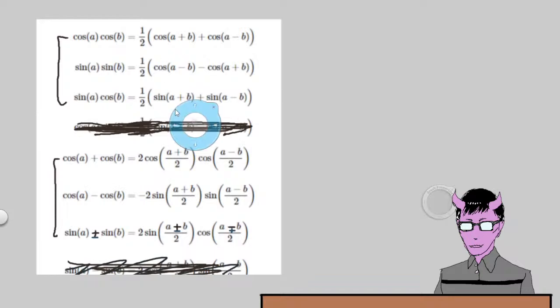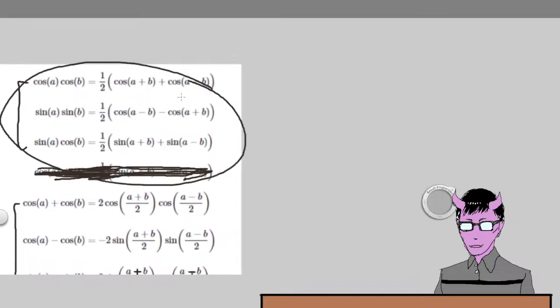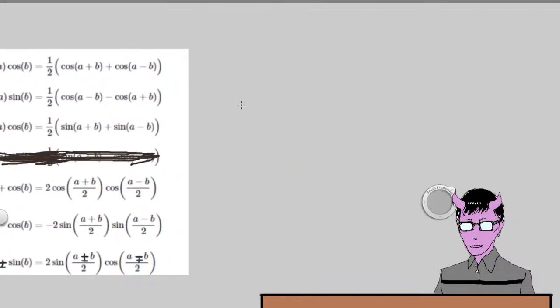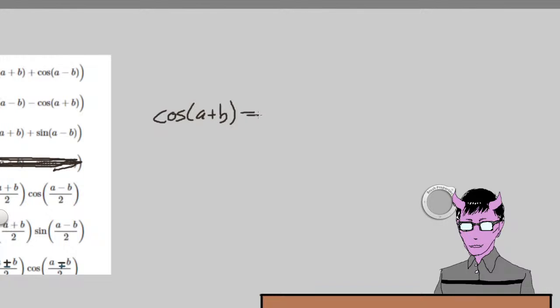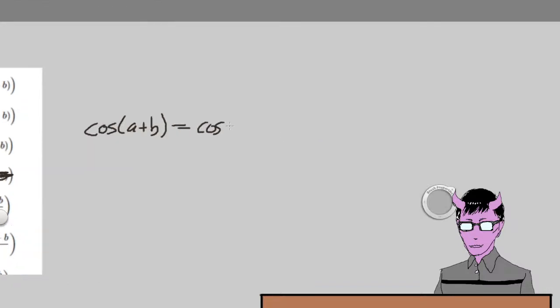These ones can be derived from the cosine version. If you have cosine of a plus b, we can expand it out using the first rule that we learned. This is probably the most important one. This is cosine, so we keep the cosines together: cosine a times cosine b.